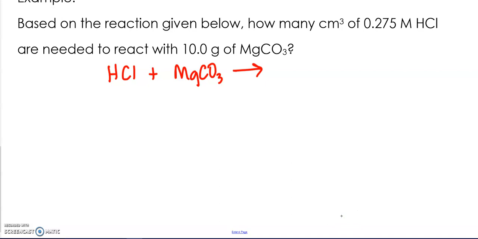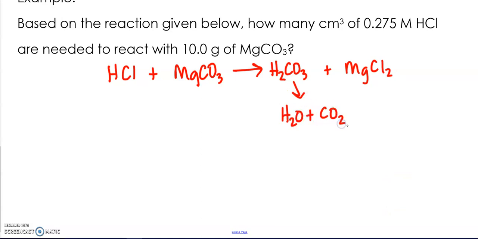So think of this as double replacement, where you're going to get, I'll write it, H2CO3, plus 1 for hydrogen, minus 2 for carbonate, and magnesium chloride would be MgCl2. But what really happens is this breaks down into water and CO2.